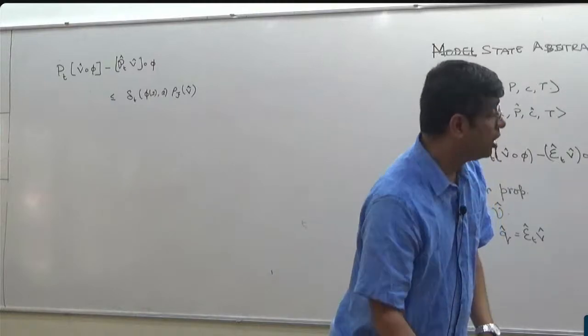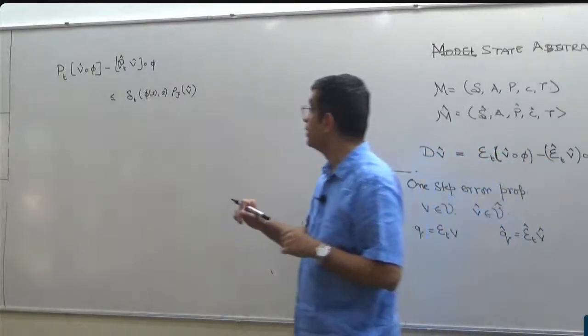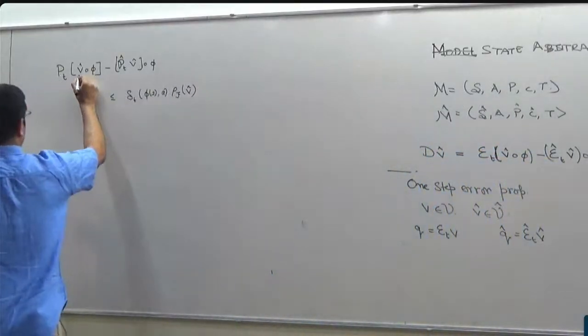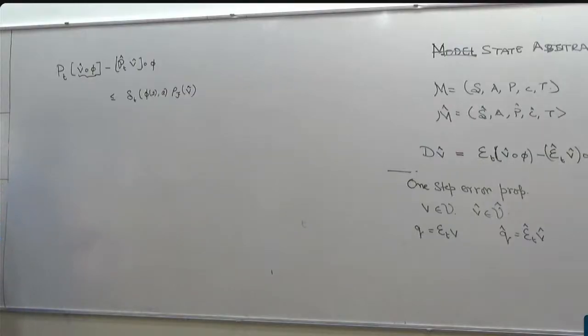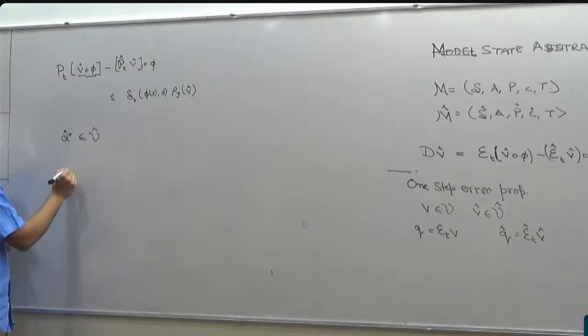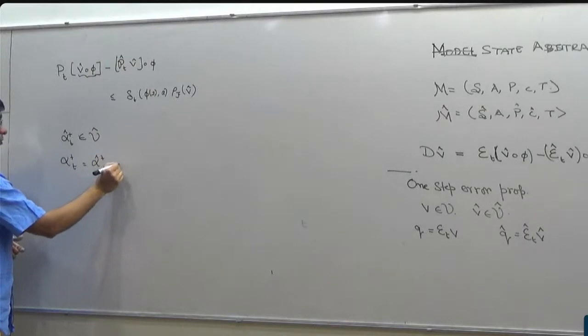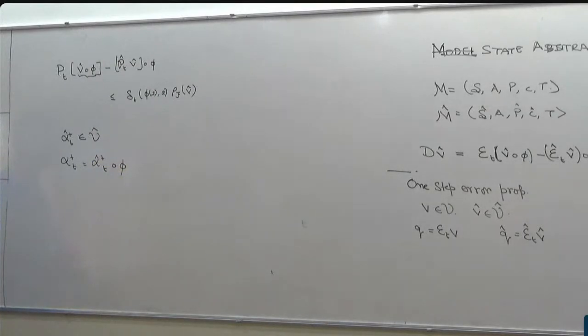So, what I am trying to do is, for this to work, my alpha function should be piecewise constant, right? So, I will try to get bounds which will be of the form alpha hat plus t, which belongs to V hat, and I will set alpha plus t to be alpha hat plus t composed with phi. And I will do the same thing with beta.